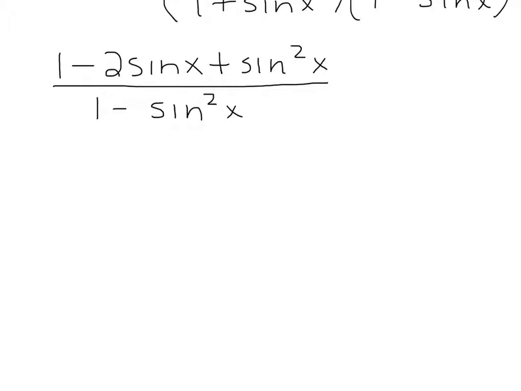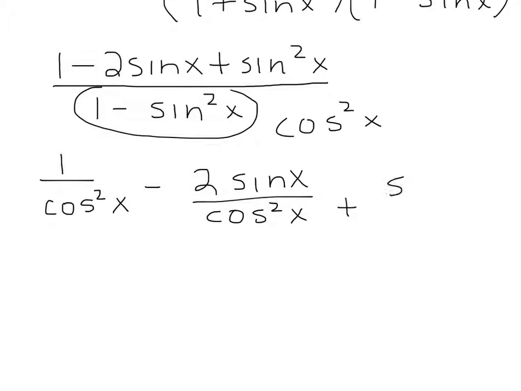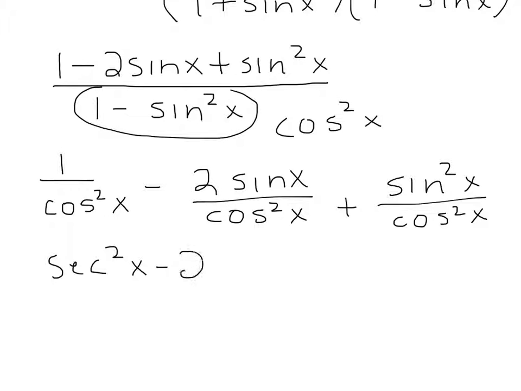Now I can replace the 1 minus sine squared of x with cosine squared of x and divide it into pieces. So I have 1 over cosine squared minus 2 sine of x over cosine squared of x plus sine squared of x over cosine squared of x. 1 over cosine squared is secant squared, minus 2.